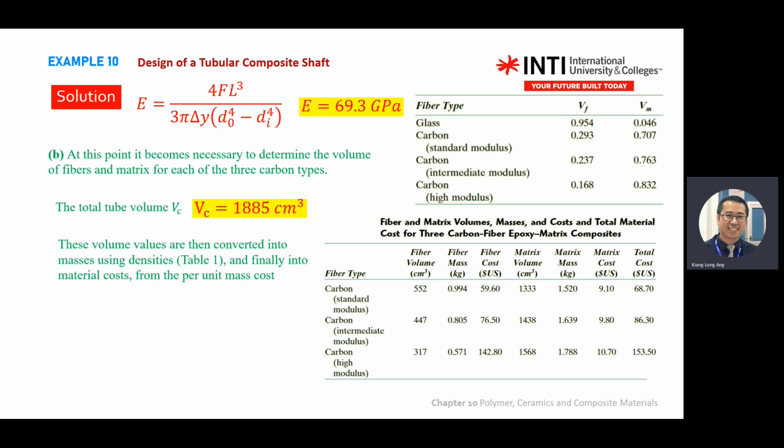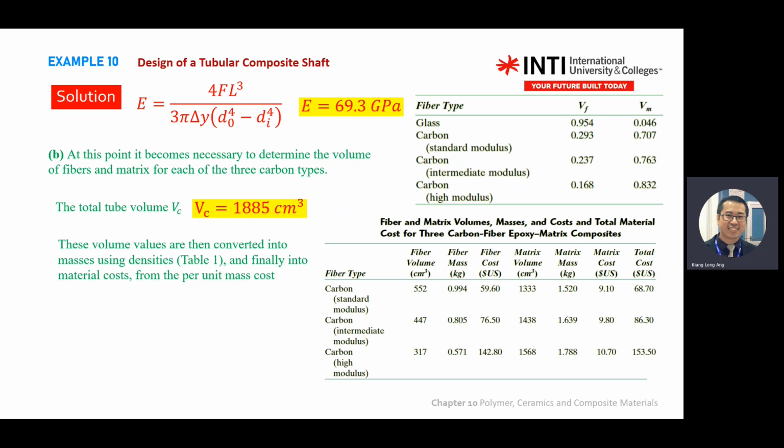So you do one set for fiber, then you do one set for matrix. How do you get 1333? You take 0.707 multiplied by 1885, you get 1333. Same, you calculate the mass by multiplying volume by the density. You get the cost. You combine fiber and matrix together, 59.6 and 9.1, you get 68.7.